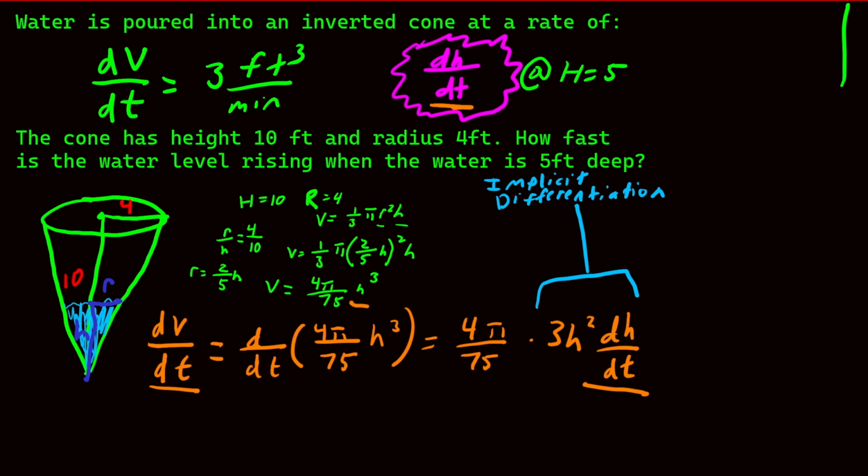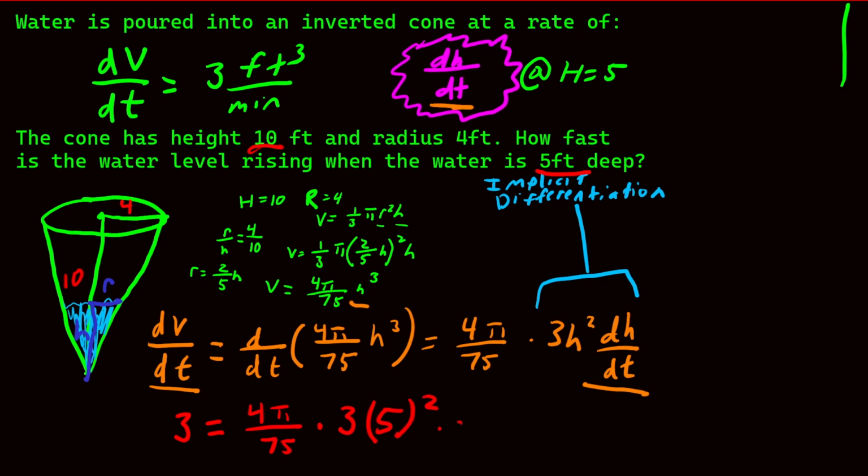So dV/dt we said was 3. I'm not going to write units right now. Let me use red. So dV/dt is 3 equals 4 pi over 75 times 3 times h squared times dh/dt. What is h? Is h 10? No. It's asking when the water is 5 feet deep. So we want h to be 5.